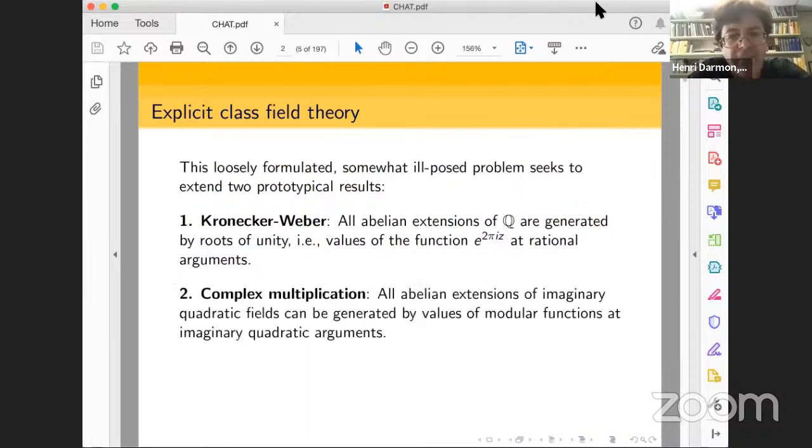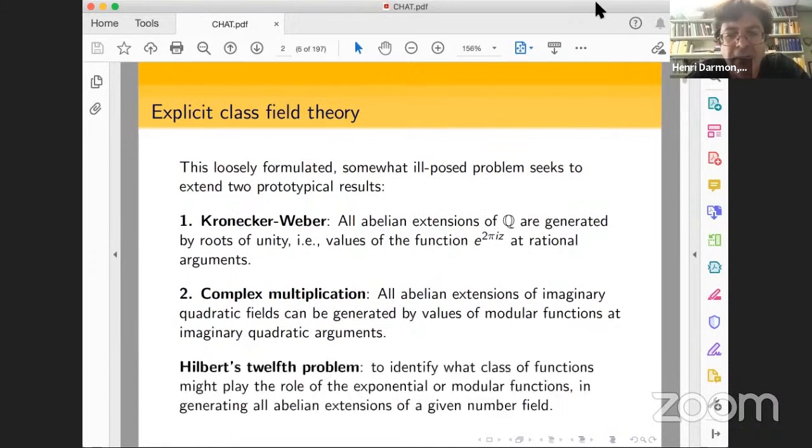The second result comes out of the theory of complex multiplication, which is that lots of abelian extensions of imaginary quadratic fields can be generated by values of modular functions at imaginary quadratic arguments.